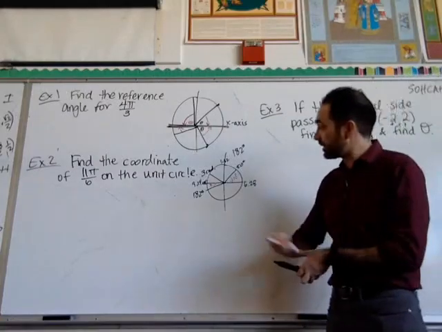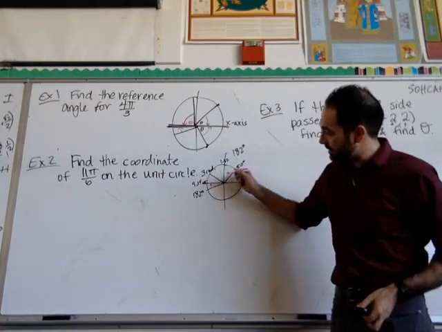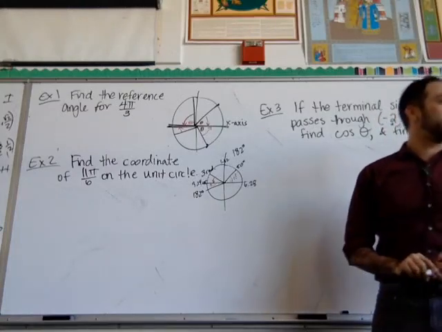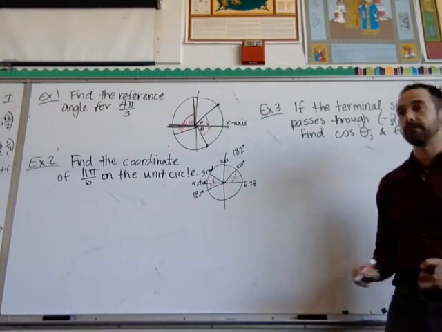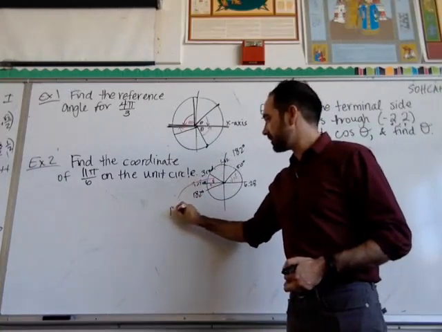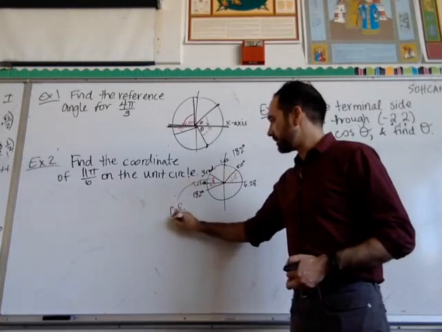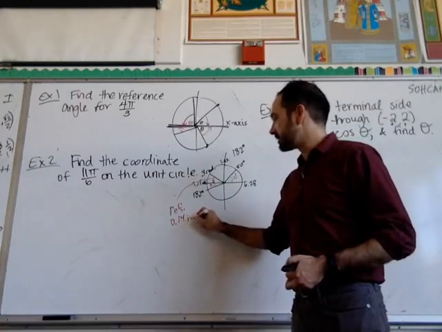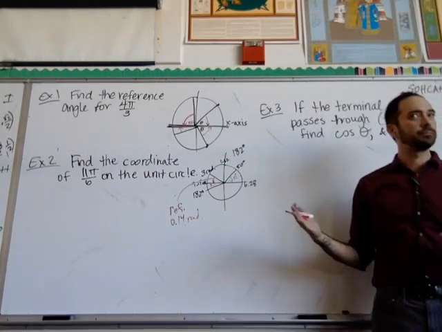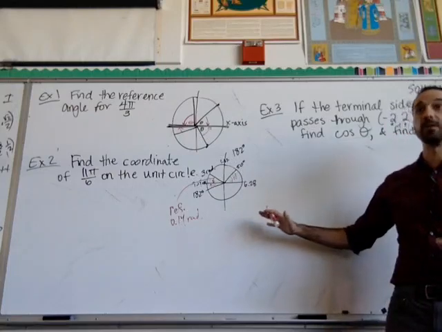Because I still know if I've opened up 3 radians, I have this much further to go. How much further do I have to go? That's my reference angle going to be 0.14 radians. You see how we're using reference angles pretty well here so far? I mean, with me showing it.